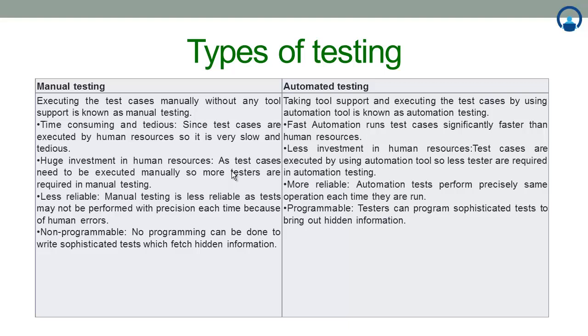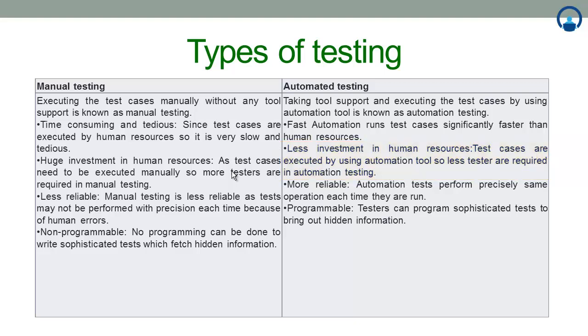Next is the huge investment in human resources. As the test cases need to be executed manually, more testers are required in manual testing, so our budget will increase and we need a bigger investment. On the other hand, if we have a tool, we have to buy the rights for that tool, and the tool will automatically perform the test cases for us, so less investment is required in automation testing.